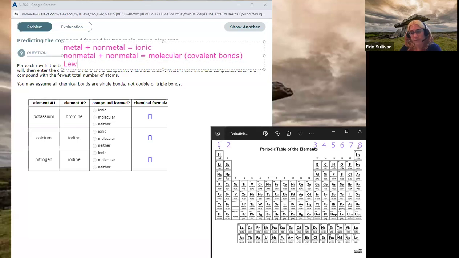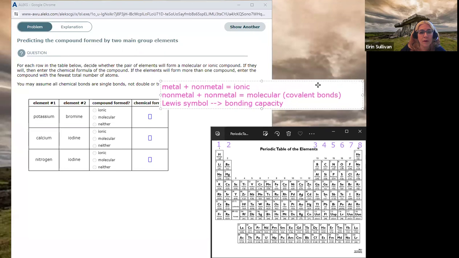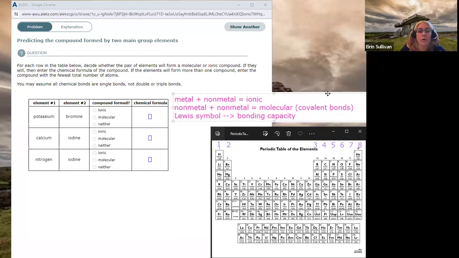The Lewis symbol tells you the bonding capacity, and whatever has the highest bonding capacity, wanting to form the most covalent bonds, is going to go in the middle, and it's going to form enough covalent bonds to share enough electrons to satisfy the octet rule. Remember, each of these elements forming a molecular compound is sharing electrons to try and get its complete octet.